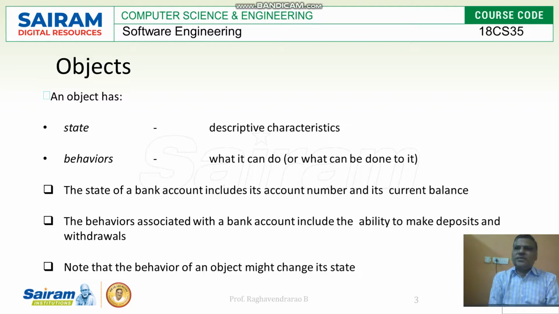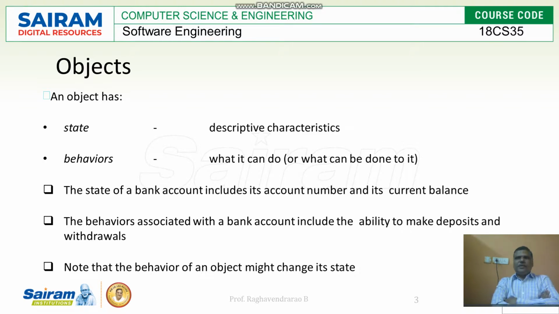So what is state? It is a descriptive characteristic, meaning you can specify exactly what it is. Then the behavior: what that particular object can do. Here is an example. Take a bank account.